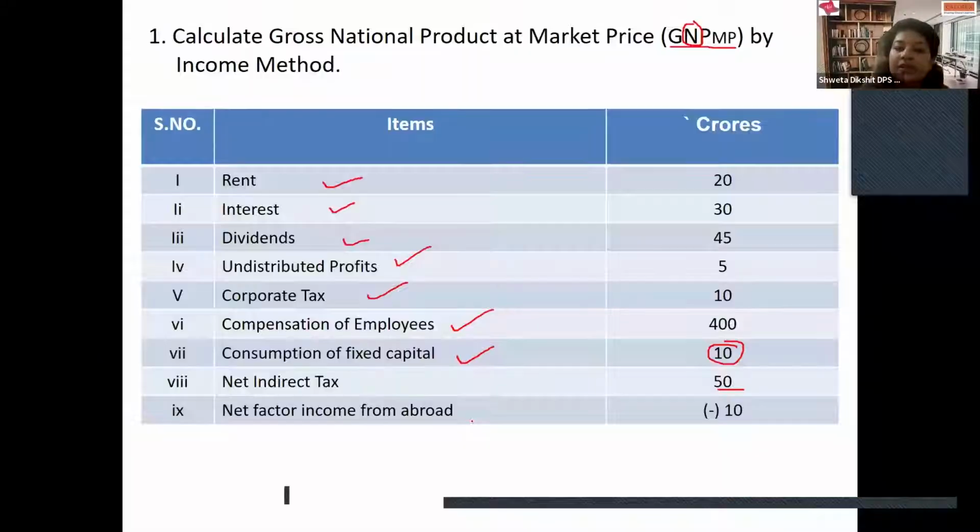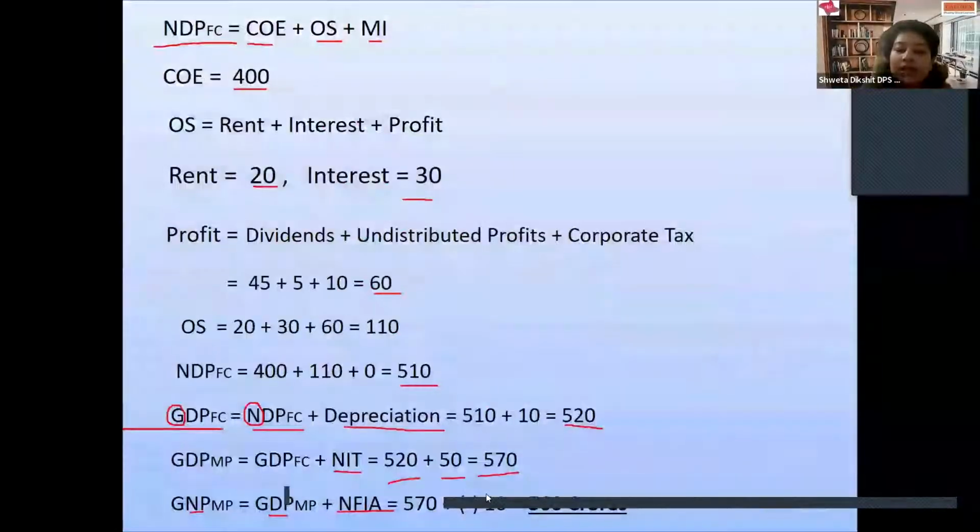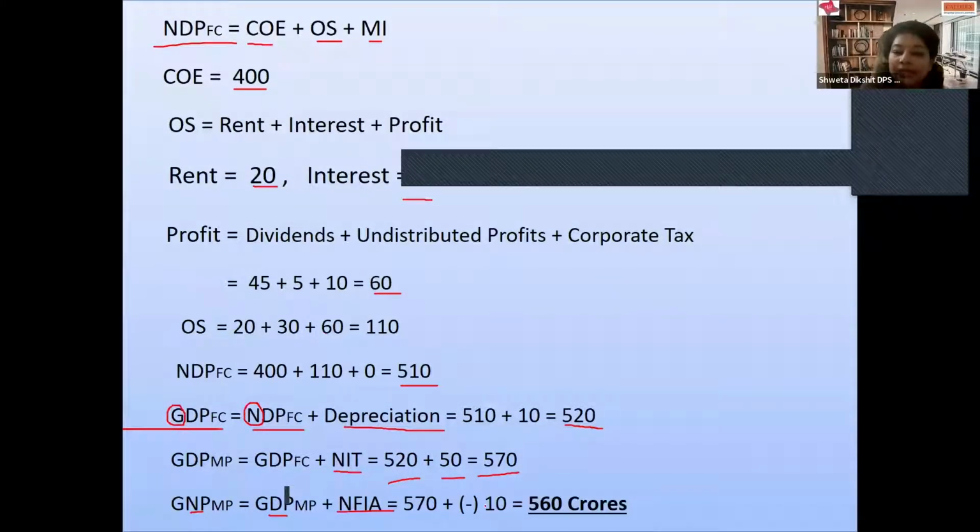Yes, net factor income from abroad, which is minus 10. So 570 plus minus 10 is equal to minus, of course. So 570 minus 10 is equal to 560 crores. This is the final answer as per the income method.